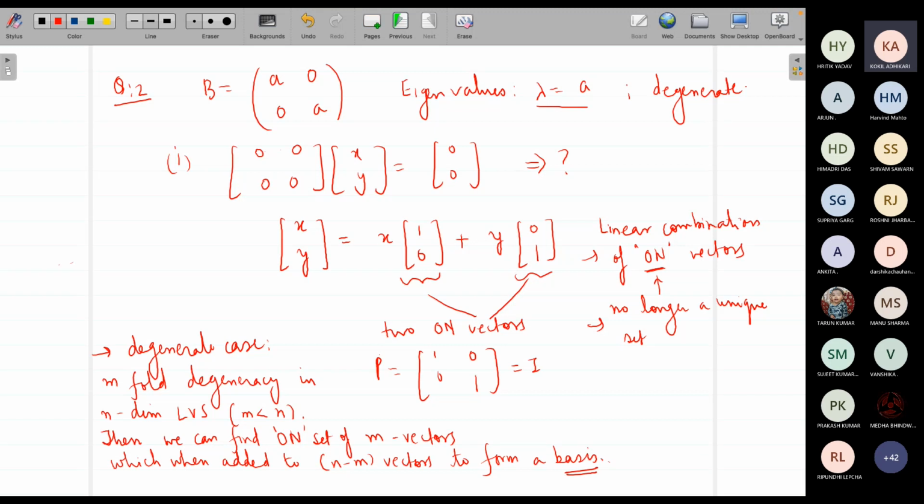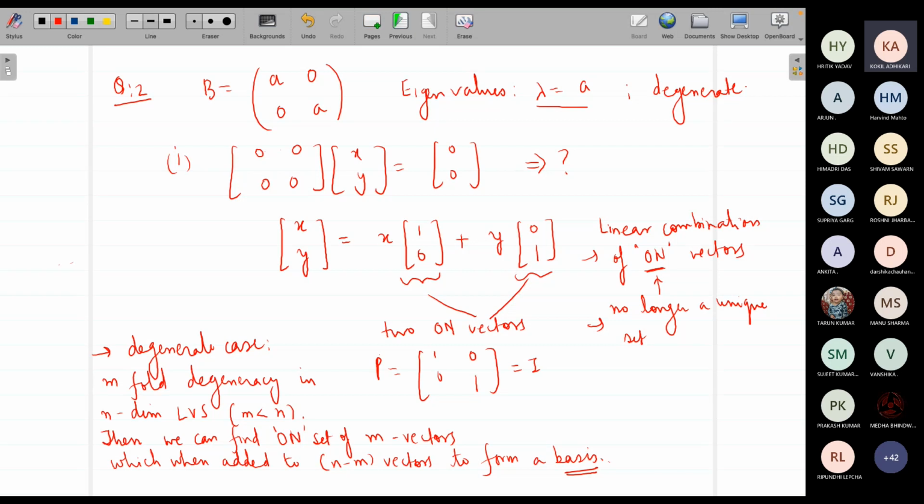So what have we said? It is immaterial whether we have degeneracy or non-degeneracy. The only difference in the case of degeneracy is that we will not get a unique set of orthonormal vectors, but we will get plenty of such orthonormal vectors which can be added to the rest of the vectors to still form the basis.